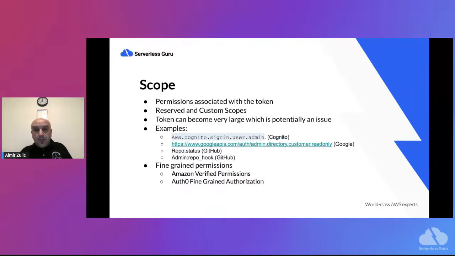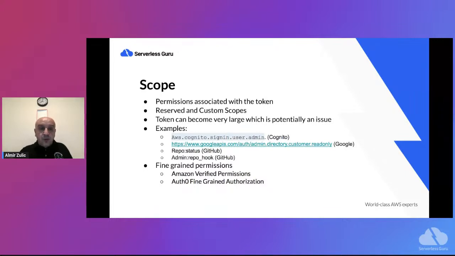And as you can see here, GitHub is using a clever way to group scopes, like admin permissions, and it says admin repo hook, and it can be more admin permissions that are allowed with the given token. So you can define multiple scopes within your token.